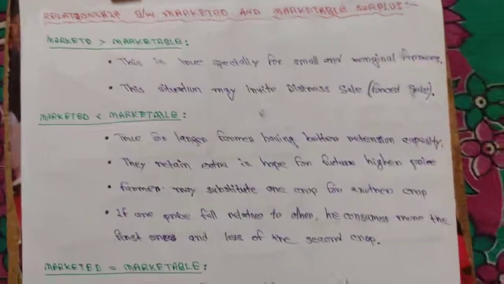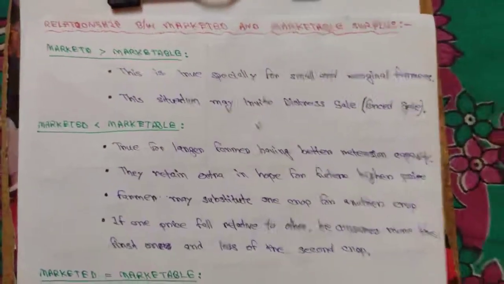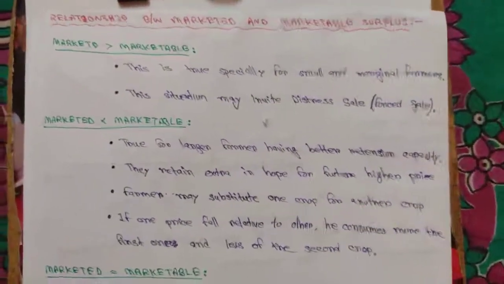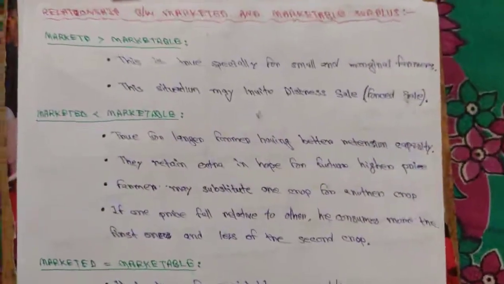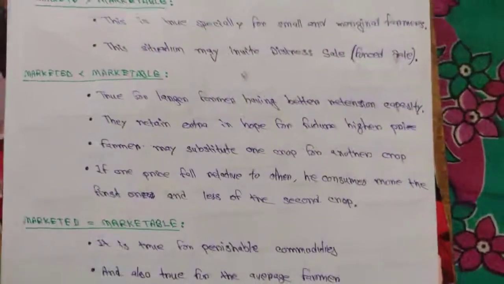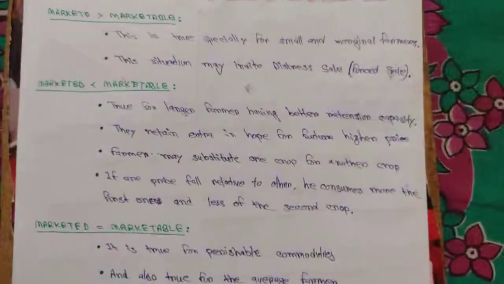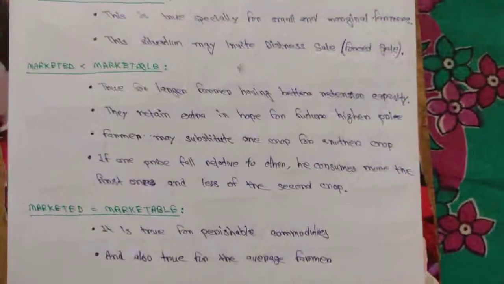Now the price is not so high, the price is less. So for a future higher price, he retains his extra commodities, his product, in his storage. So there will be less supply in the market. So the marketed surplus will be less than the marketable surplus.